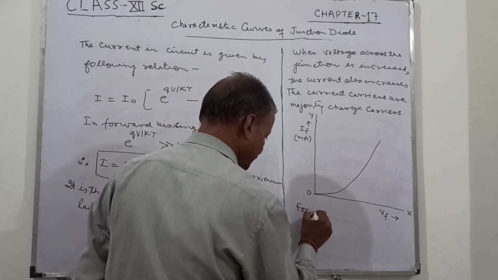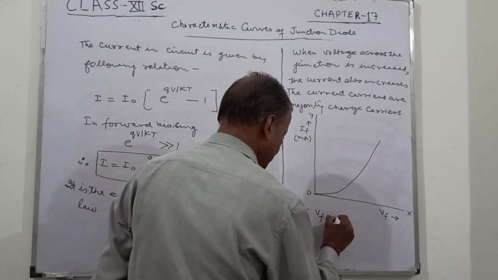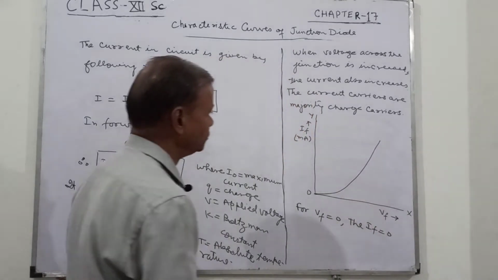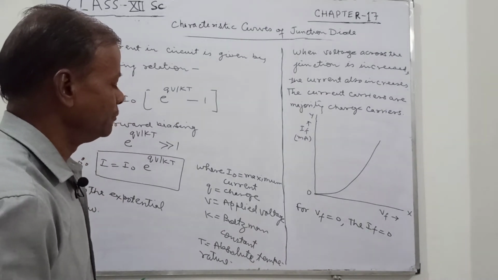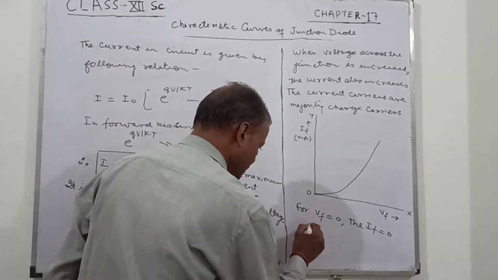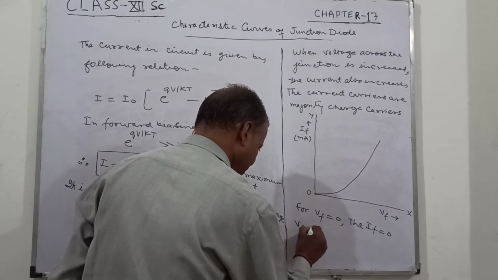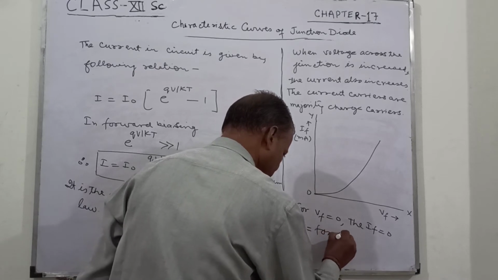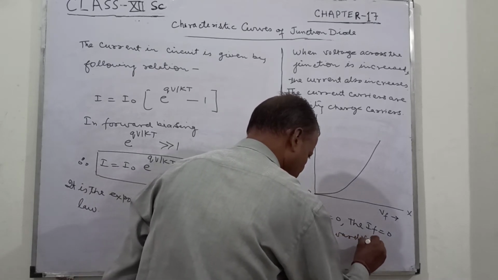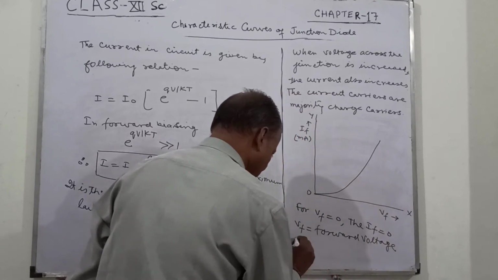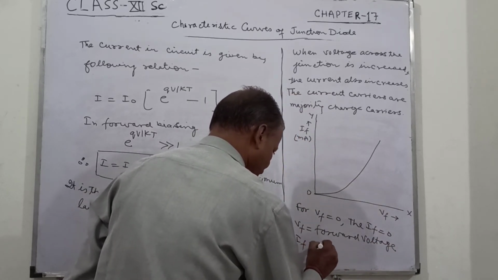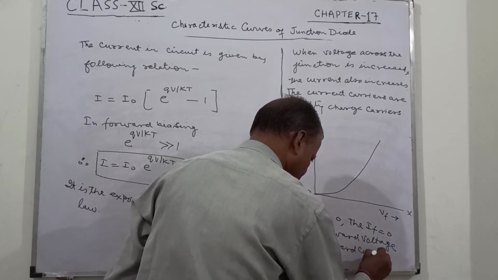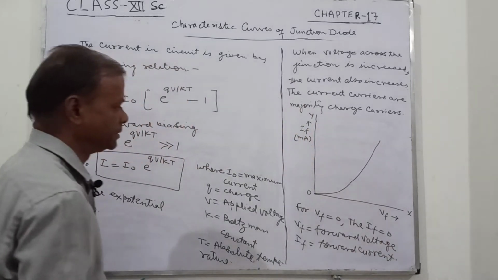So for Vf equal to 0, If equals 0. If is forward current, Vf is forward voltage.